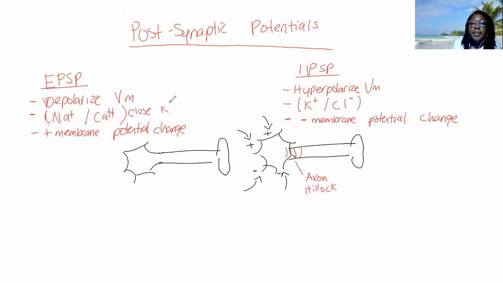If we close a potassium or chloride channel, we can also generate an EPSP. And if we close a sodium or calcium channel, we will also generate an IPSP, okay?